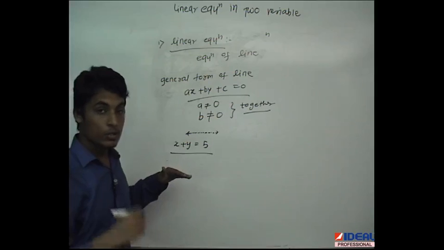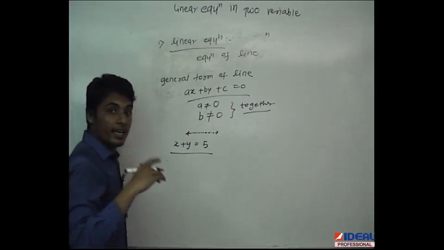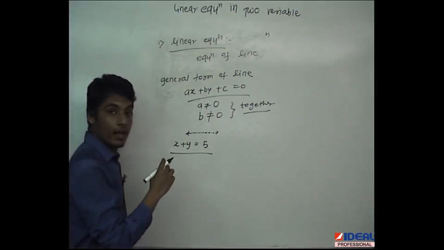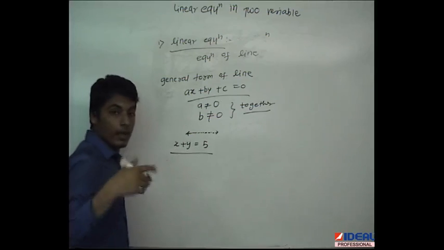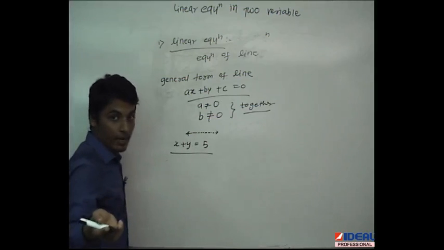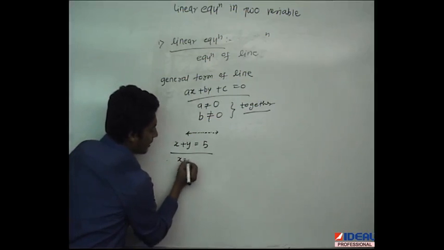You can assume any real number for one variable and find the second variable. For example, x is equal to 0.